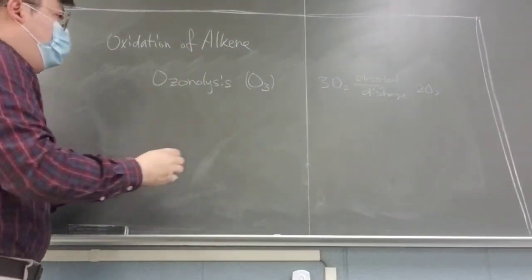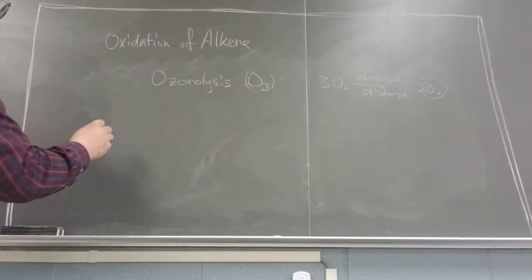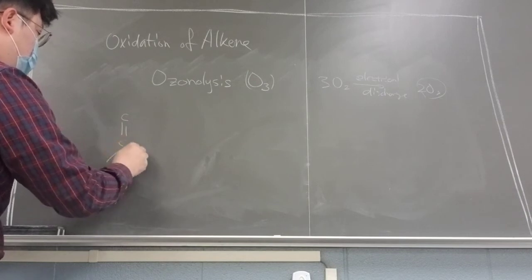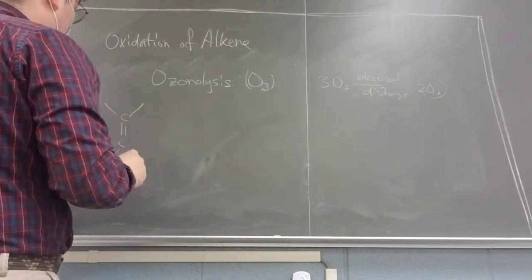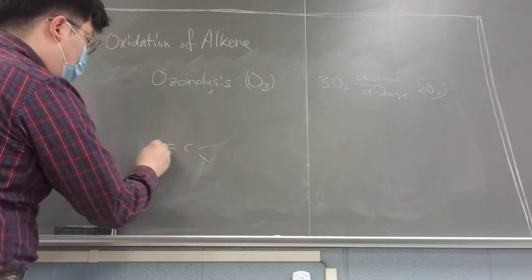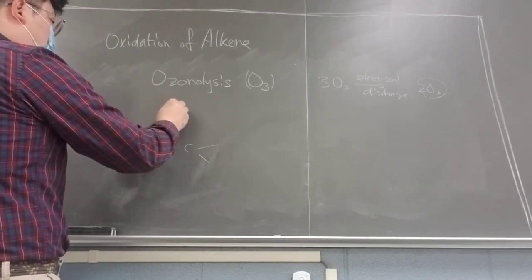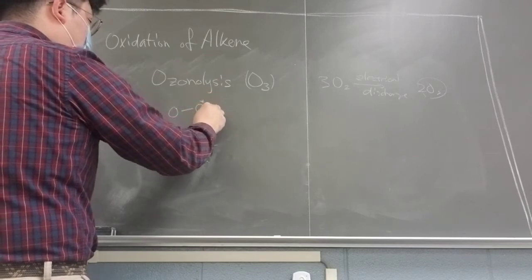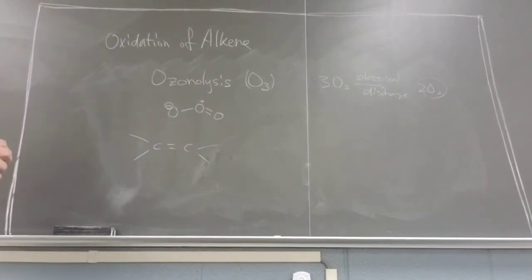And once you have it, what you can do with it is here. You have a double bond, and make sure you draw it in the horizontal way. So if you have this double bond over here, the O3 looks like this.